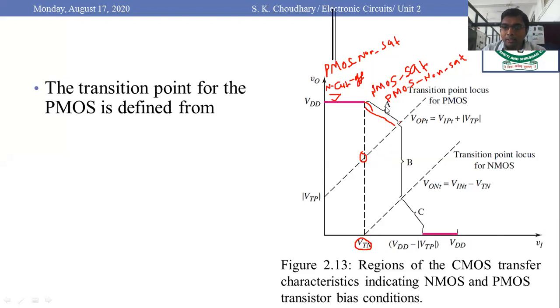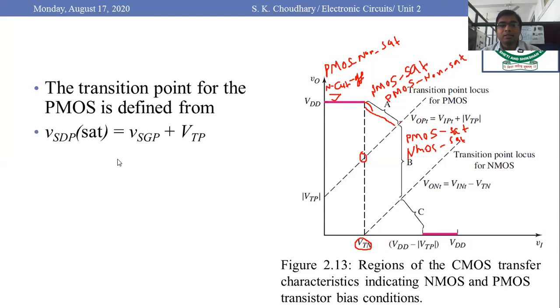Here it enters from the A to the B region. In the A region, PMOS is in non-saturation. Now your PMOS enters the saturation region. In the B region, it is in the saturation region, and in the B region NMOS is also in the saturation region. Both devices are biased in the saturation region.